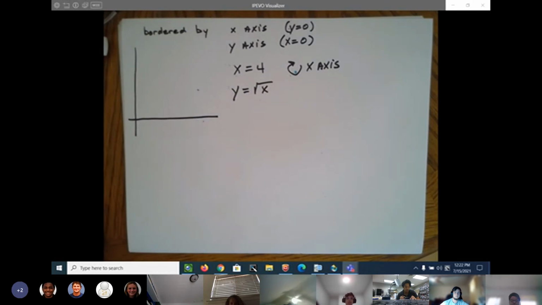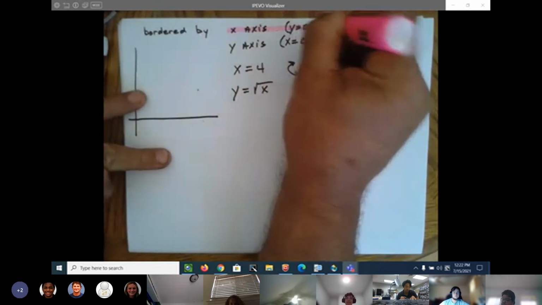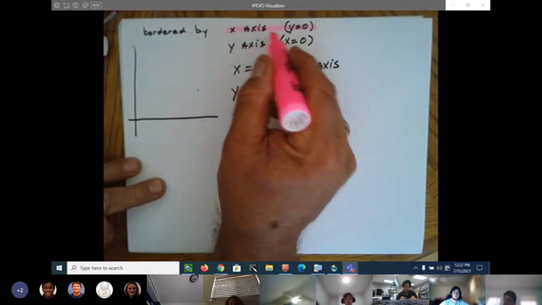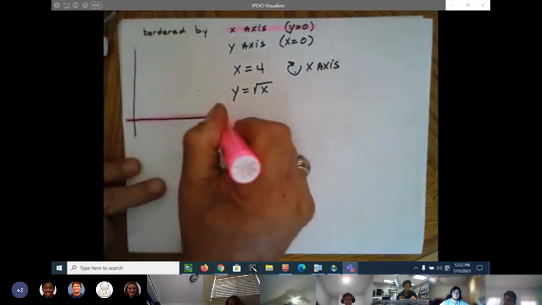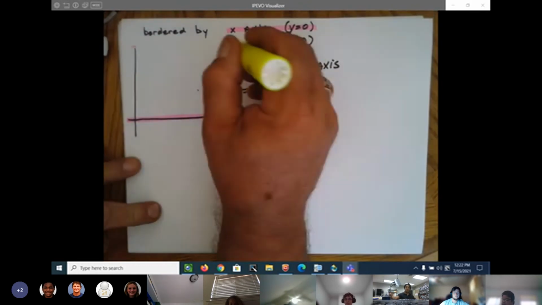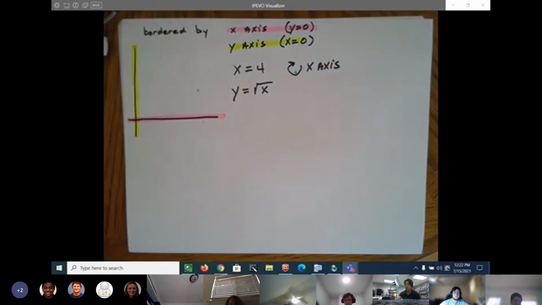So x is equal to, we'll color that pink. That's the x-axis. That's this guy, sorry. And we'll color this one yellow. And that's the y-axis. X is equal to 4.